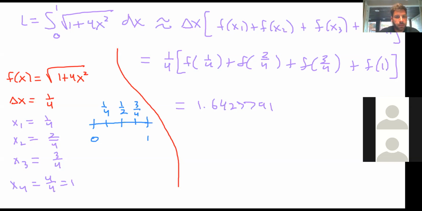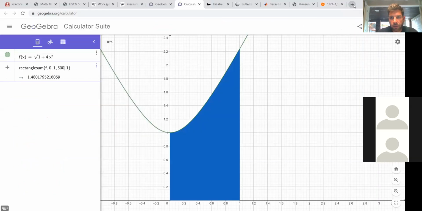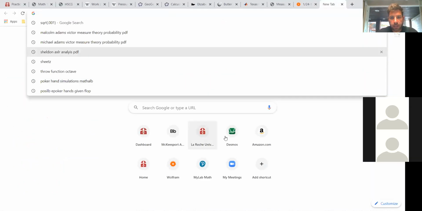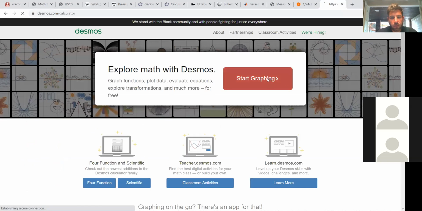For example, let me beat the dead horse real quick. If I go to Desmos, this is very easy to do in Desmos too.